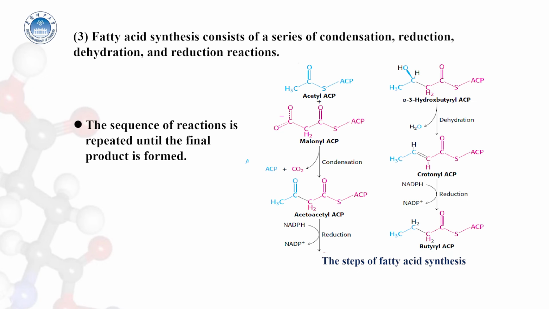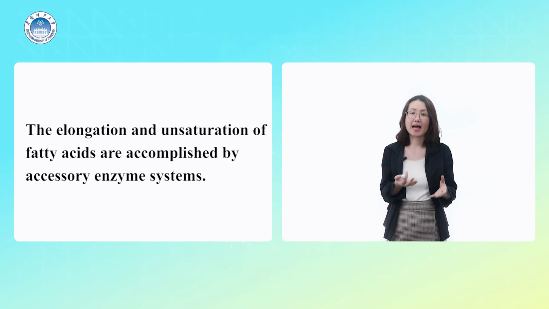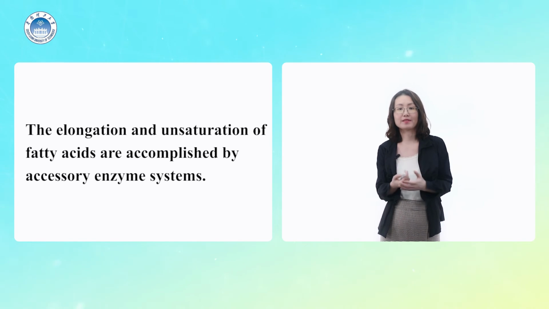The sequence of reactions is repeated until the final product, palmitate, is formed. The major product of the fatty acid synthase is palmitate. The elongation and unsaturation of fatty acids are accomplished by accessory enzyme systems.